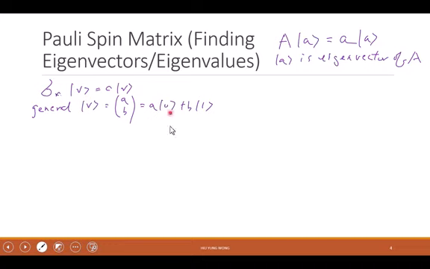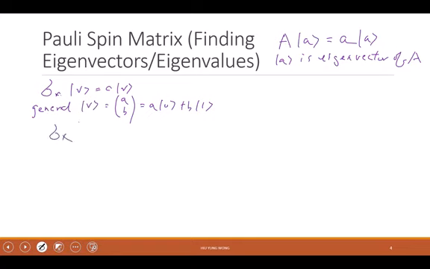We're talking about the basis formed by the 0 and 1 basis vectors. And it happened that 0 and 1 are the eigenvectors of sigma z. So this basis is also formed by the eigenvectors of sigma z. Anyway, a and b can be any number, complex number.